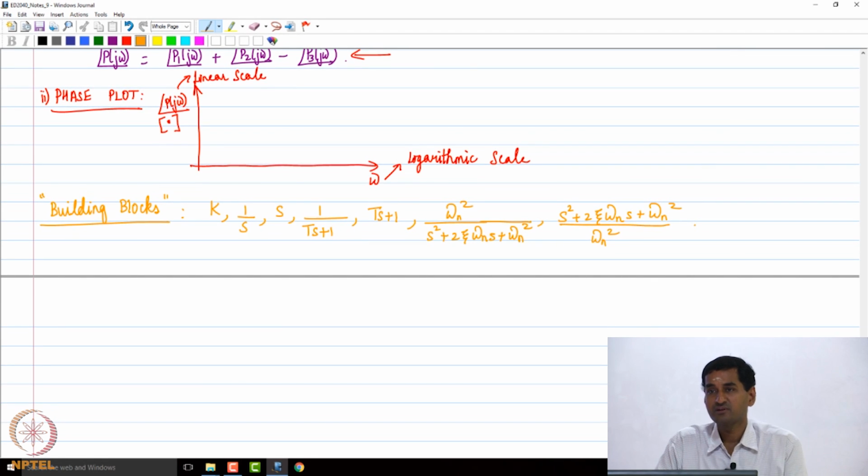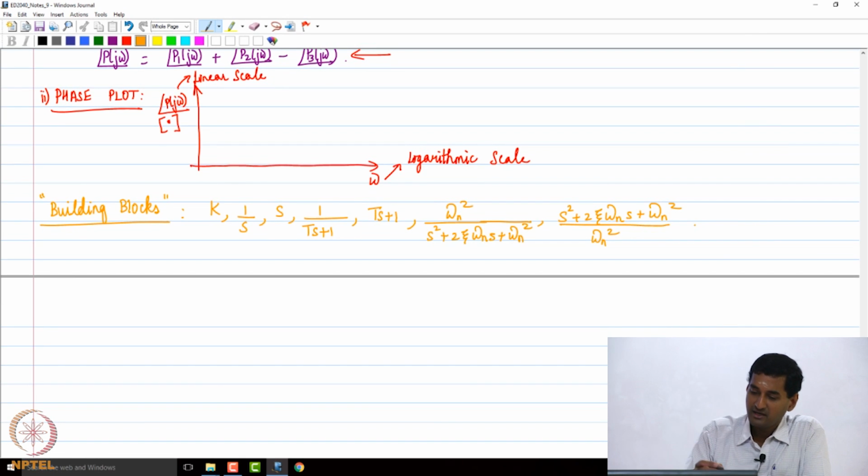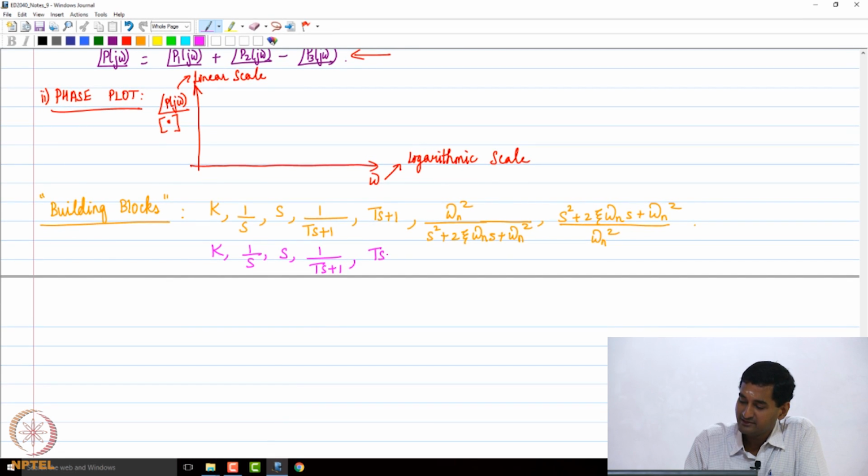So these are all potential factors. Essentially, we can have a constant, we can have 1 by s, which is like an integral, s which is like a derivative, and then 1 by ts plus 1 and ts plus 1 as the first order factors.